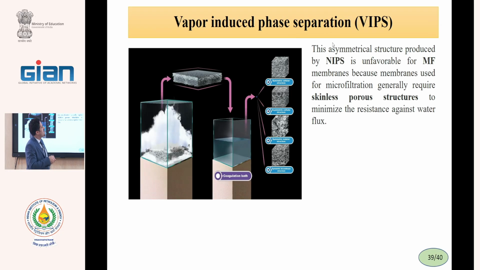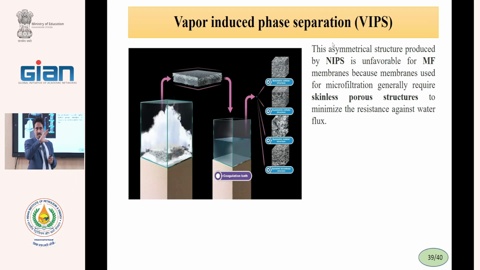In VIPS, we use vapor of water instead of direct water. In NIPS, we put the membrane in water, where the concentration of water is very high. But in VIPS, we put the membrane in contact with vapor, where the concentration of water is low.